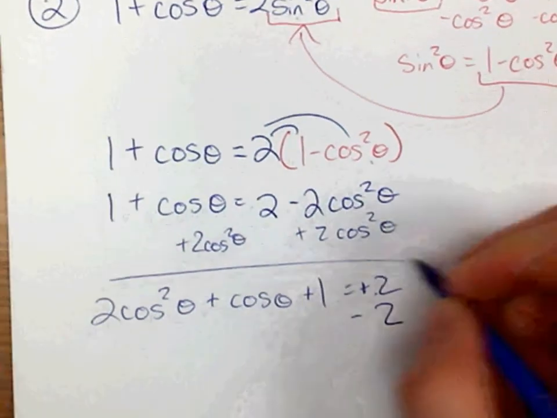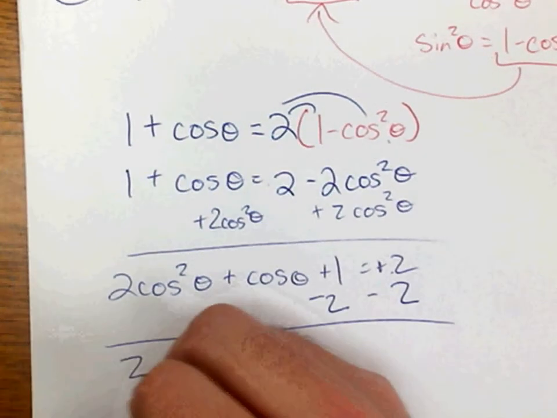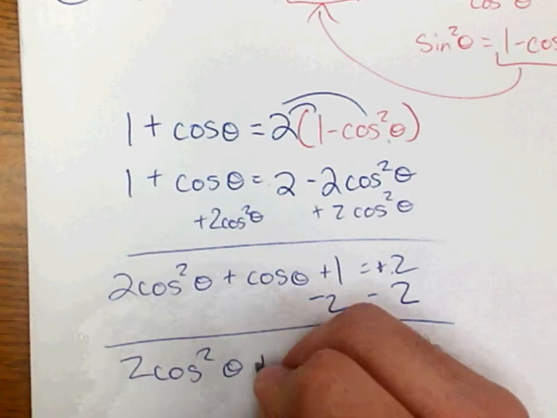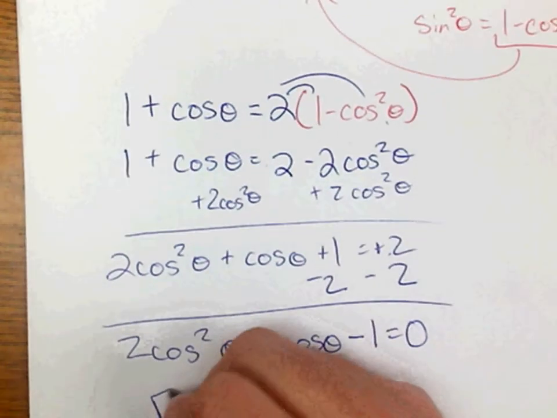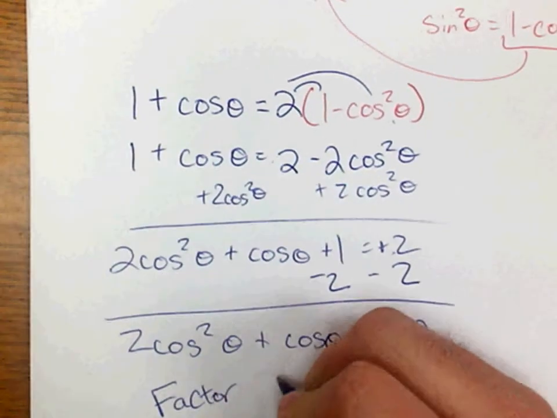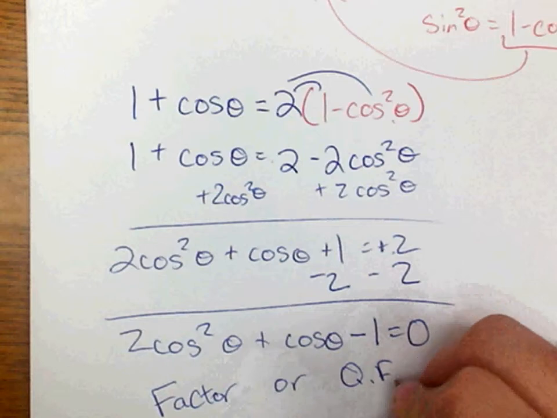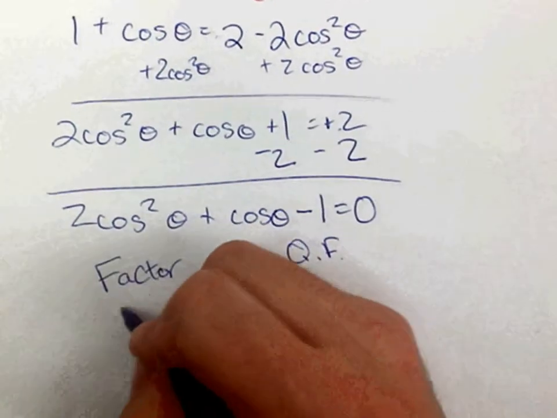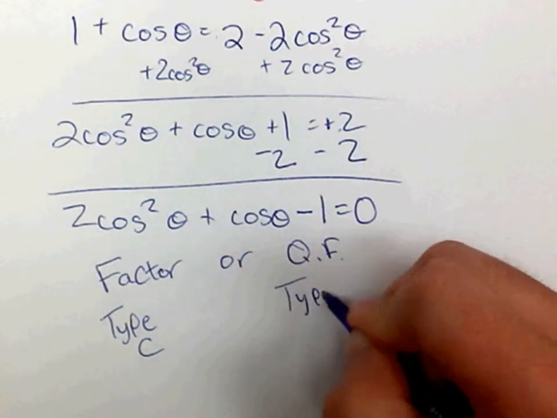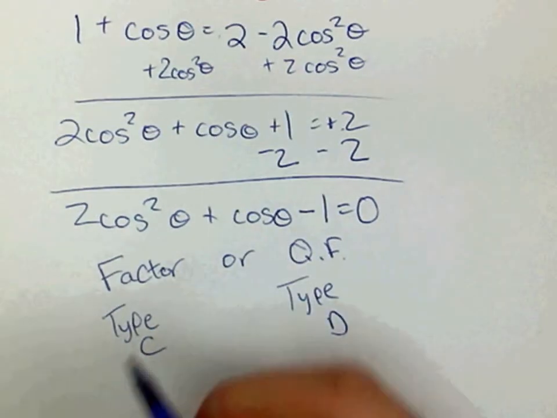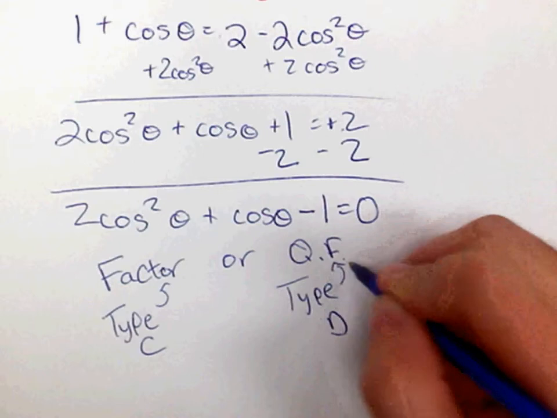Subtract the 2 from both sides. 2 cosine squared theta plus cosine theta minus 1 equals 0. And now we can factor or use the quadratic formula to solve. Once again, videos over type C and type D will help you learn how to do those two methods.